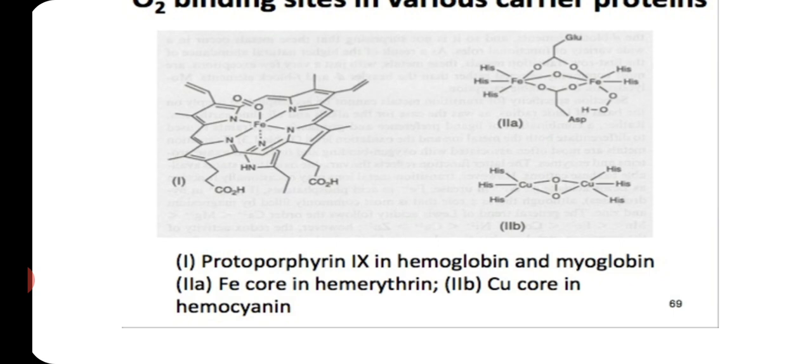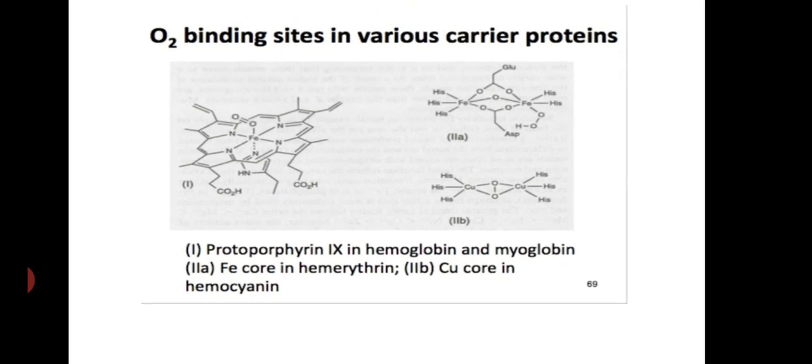So this figure clearly indicates that different types of prosthetic group, that is a metal, for example iron or copper, or protoporphyrin, are attached to different regions of the respiratory pigment.